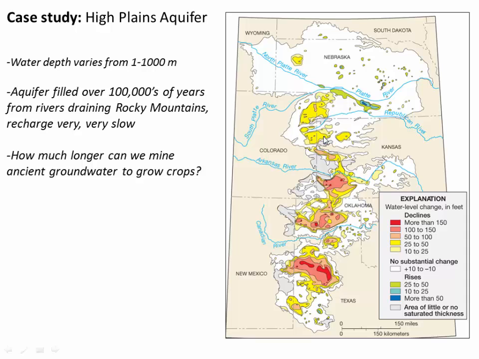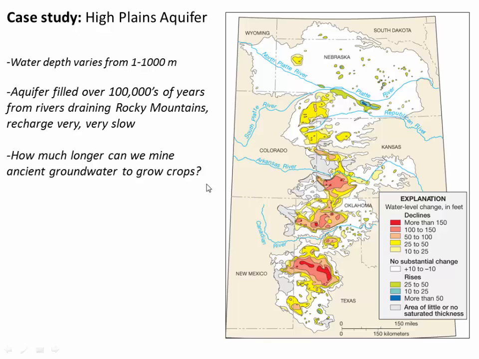And importantly, we're going to see that this aquifer filled over hundreds of thousands of years from rivers that were coming off the Rockies, bringing water out onto the Great Plains here. And that water was slowly infiltrating into the ground and recharging this aquifer.